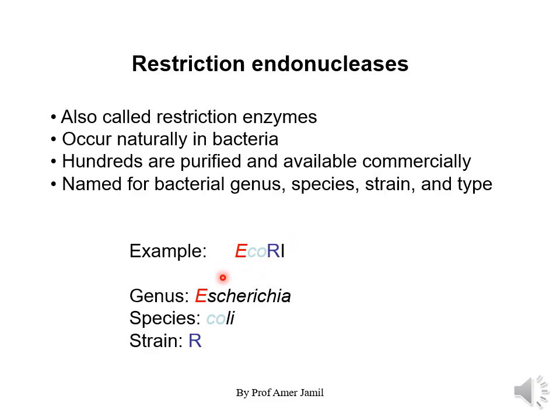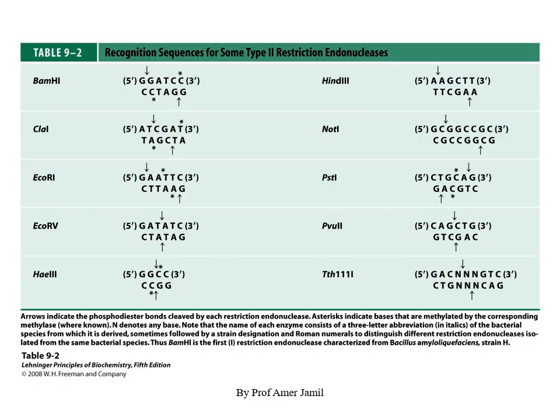And this is the nomenclature: we write the first three letters in italics. The first letter, a capital letter, is from the genus, and the next two, small letters, are the first two letters of the species, R is the strain and 1 is the number. So this is how the nomenclature goes.